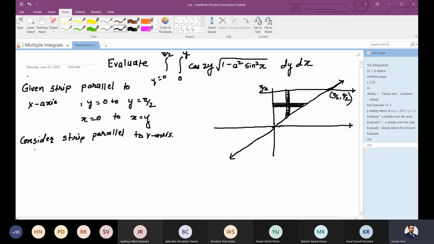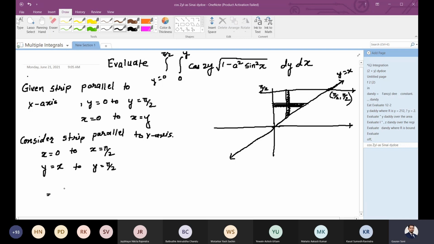In this case, now I will have to fix the value of x. X is running from 0 to x equal to pi by 2. Y is running from the line, the equation of line is y equal to x. So y is running from x to y equal to pi by 2.